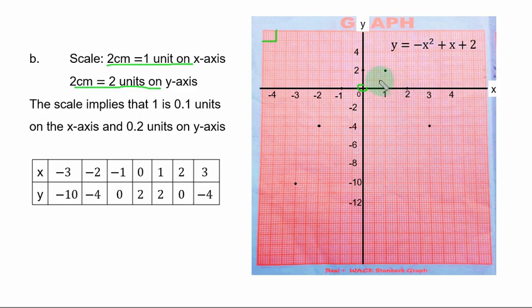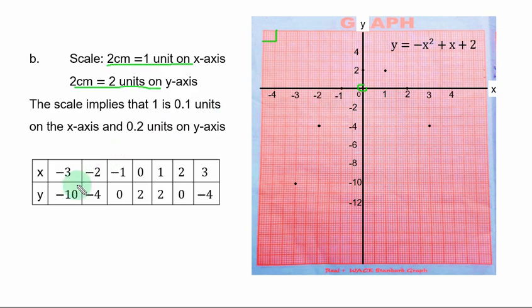Now on the y-axis, the same 2 boxes is 2 units. So you combine 2 boxes, you give it 2. The next one is 4. When you move down, you have minus 2, minus 4, minus 6, and so on. The graph is like this because for you to draw the x-axis, you need to look at the y values.